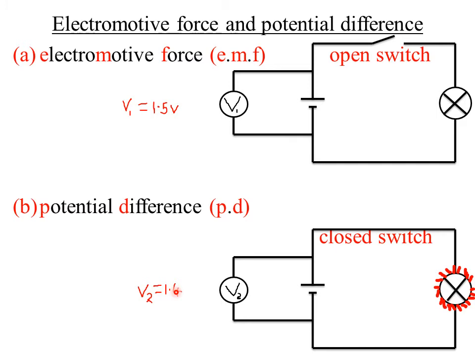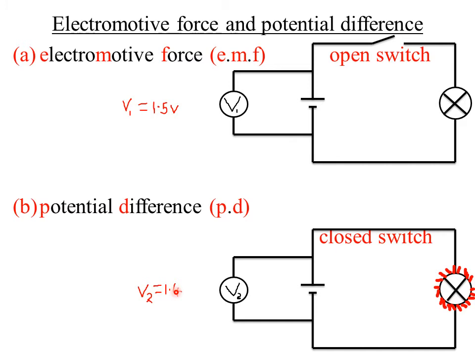Potential difference is measured in volts by an instrument called a voltmeter. Although both EMF and potential difference are measured in volts, the potential difference of a cell is different from the EMF, or the electromotive force of a cell.